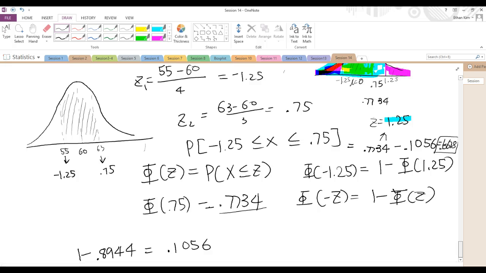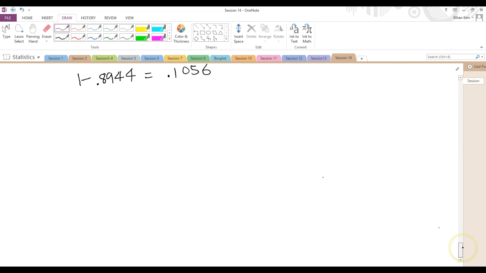So in general, this is a general formula. In general, it's going to look like this.